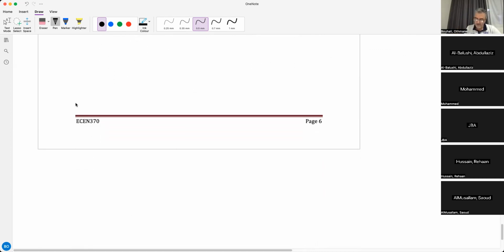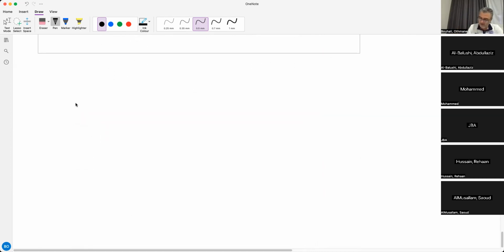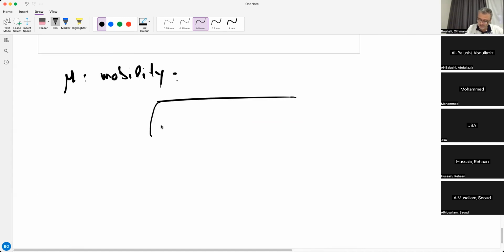I received a question. What is the difference between the mobility and the permeability? So this is mobility. What is mobility? When you have an electron, the electron is moving. This electron will have a drift velocity.